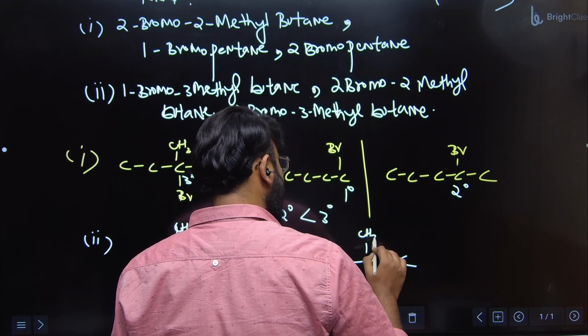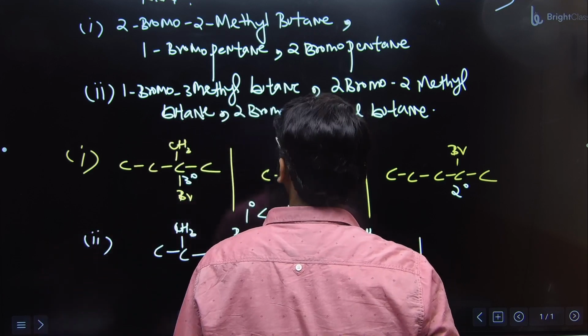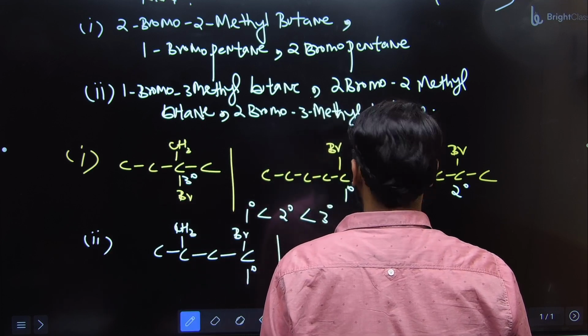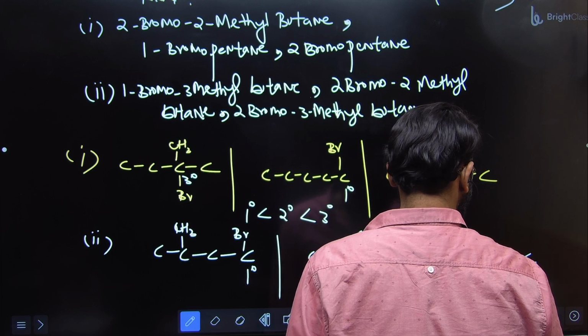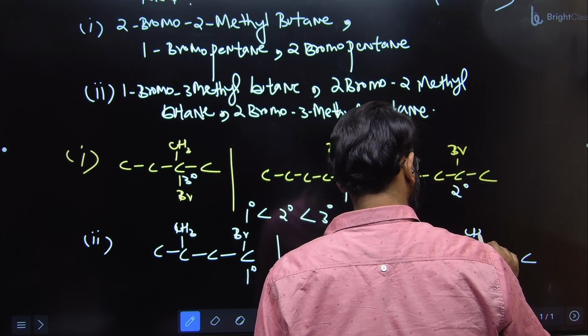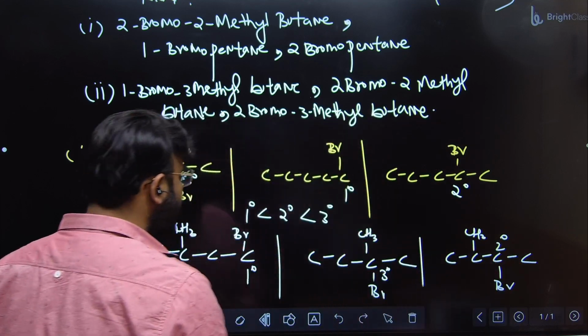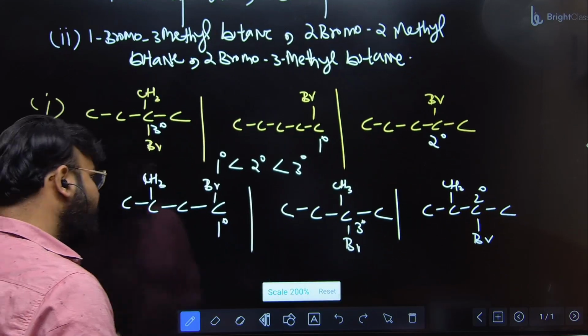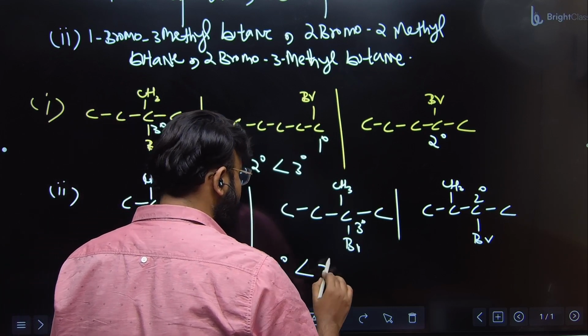So this is how many degree? 3 degree. And finally, what is the last one? 2 bromo 3 methyl. So this is how many degree? So I think we got the answer for this one also. That is 1 degree, then 2 degree, and then 3 degree in increasing order.